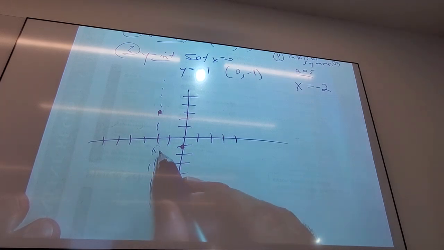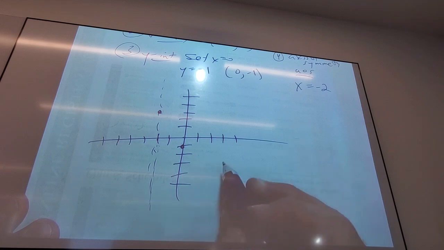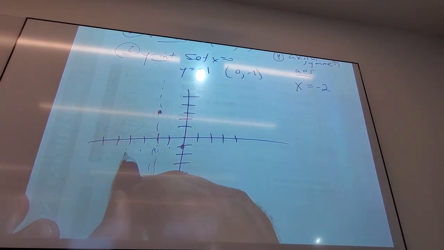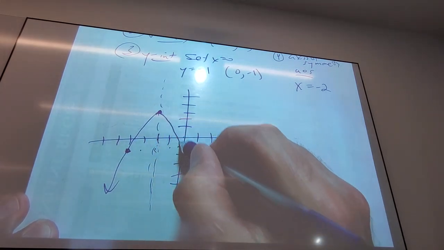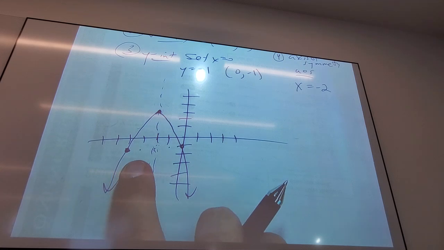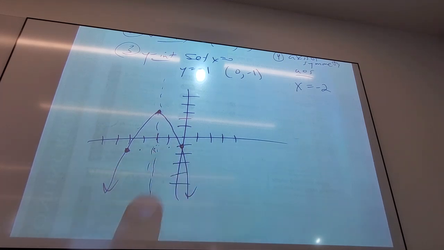Negative 4, negative 1. So since this is here, there must be one 2 this way. It's a mirror. And then I can just connect them and make a parabola. Yeehaw! You guys with me? You can always get a third point by symmetry just using your y-intercept.